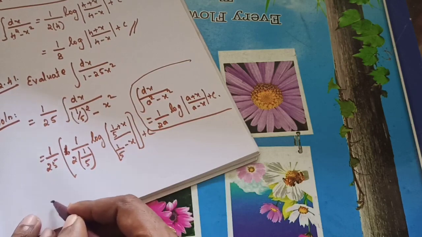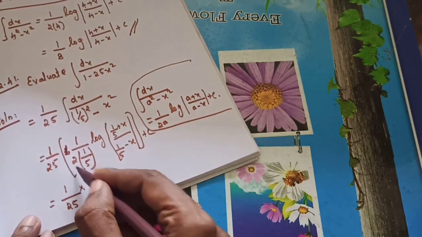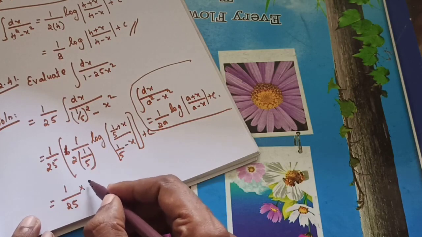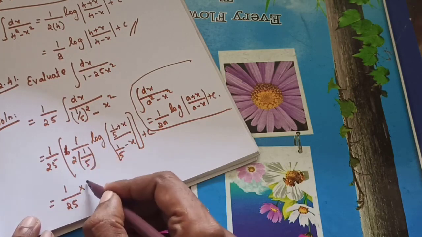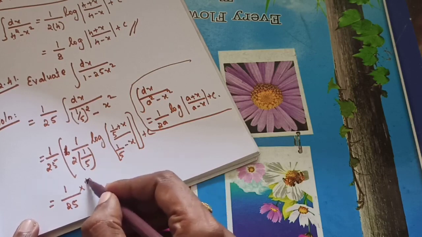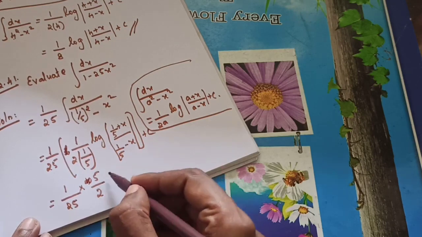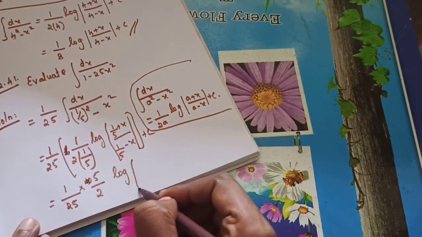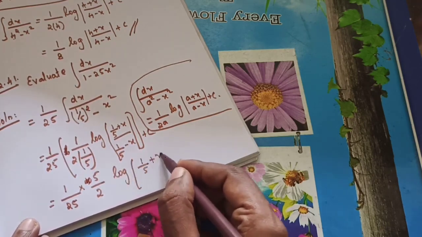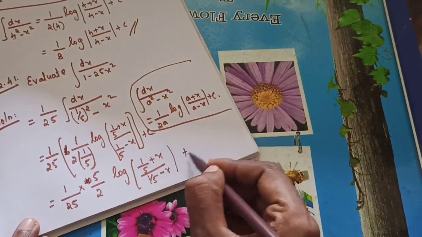So that's equal to 1 by 25 into, shall we bring this up? This will go up, is it right? So 2 into 5 is, sorry, 2 by 5. If you are bringing up, what will happen? 5 by 2 into log of 1 by 5 plus x divided by 1 by 5 minus x plus c.